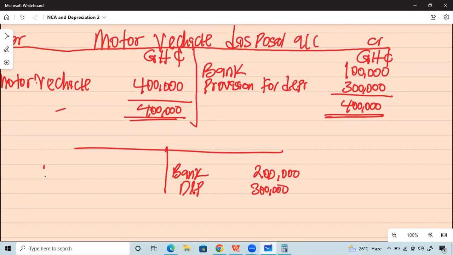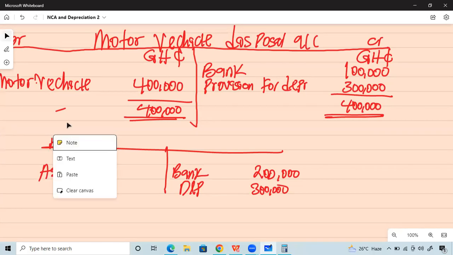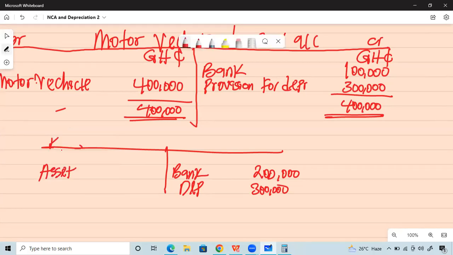And the asset is still 400. So if I have these two together, I'm going to have 500.